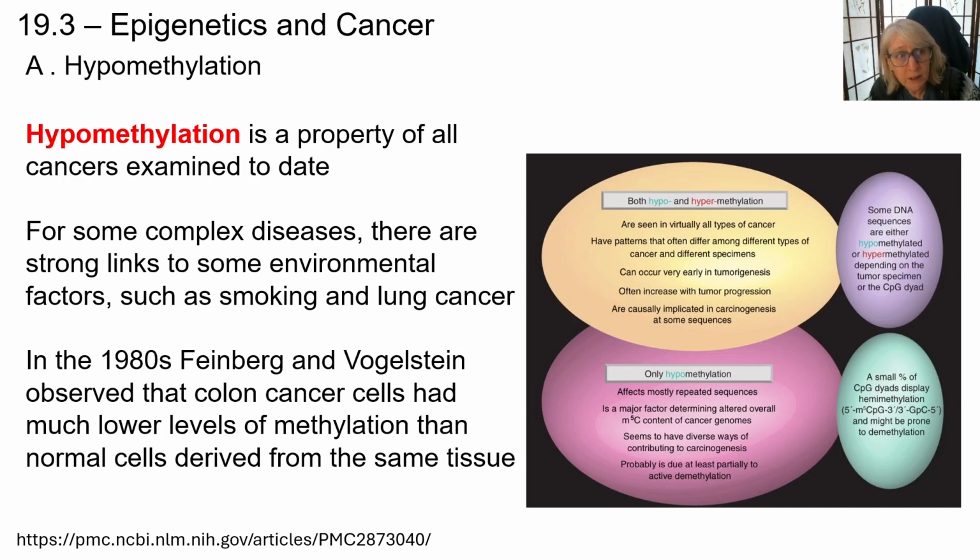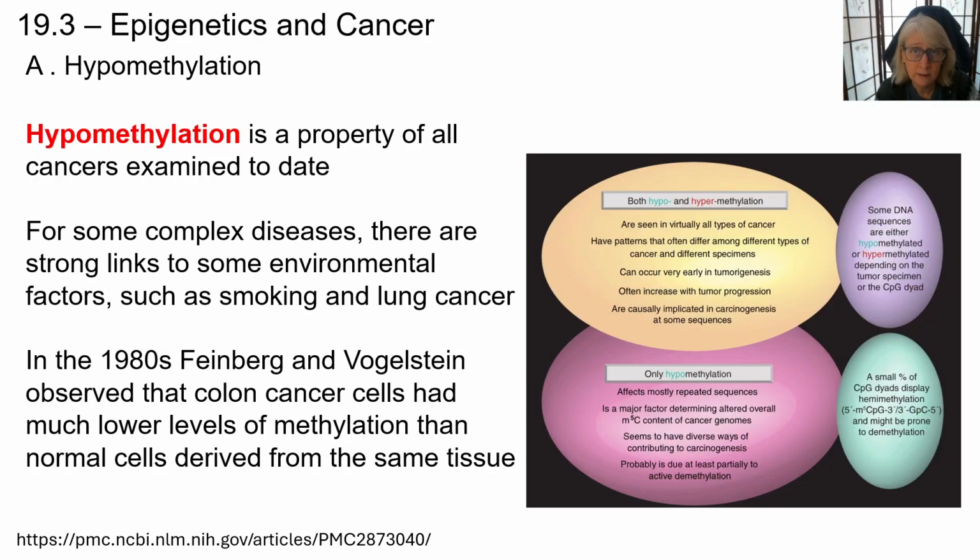I want to skip on to cancer. I pulled this out of a meta-analysis of a bunch of different types of methylation, hypo and hypermethylation that leads to cancer. Hypo is not doing it enough.